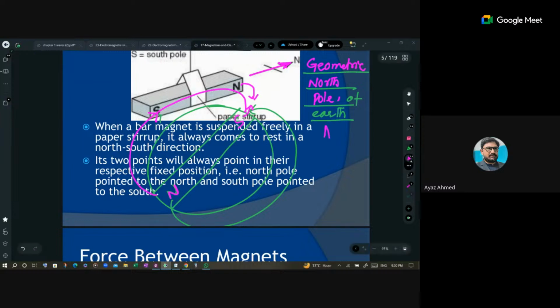But actually it is the magnetic south pole of earth. Remember this thing. This is a very important thing to know.